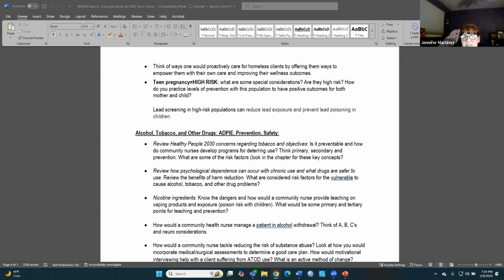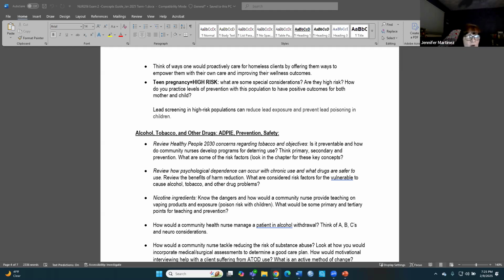So the psychological dependence can occur with any medication. And you're right, it's a psychological craving for the medication. They have feelings of satisfaction as well as the desire to repeat the drug, just to avoid the discomfort that occurs if they don't have it.